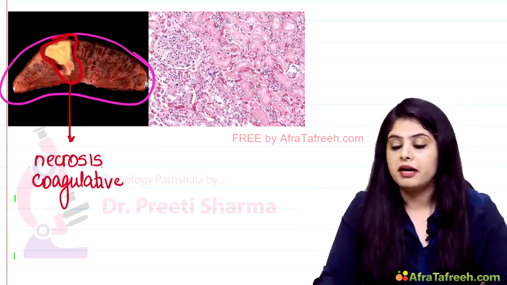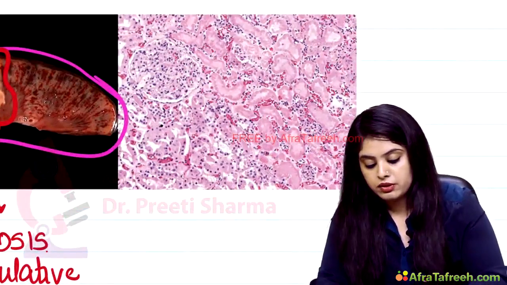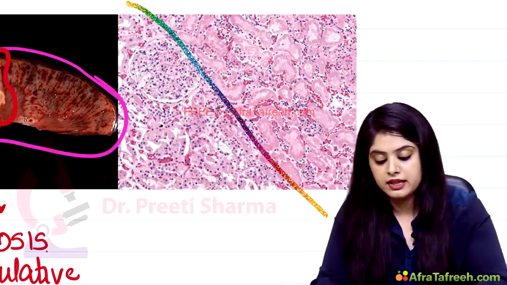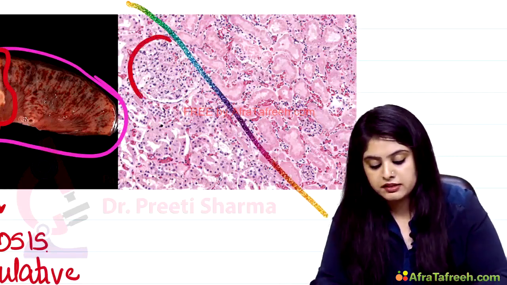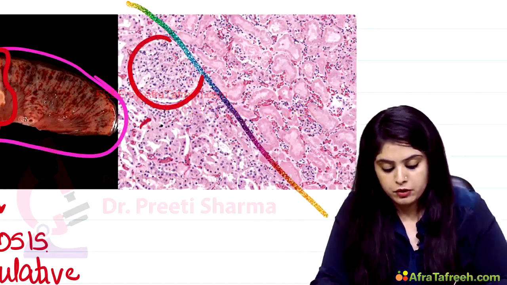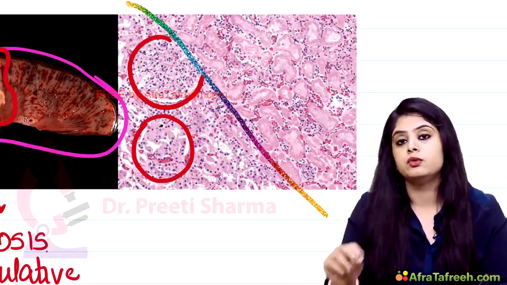Next, let's focus on the microscopic image. I want to divide this image into 2 parts. Why am I doing that? Because over here I can see a proper glomerulus. I can see proper tubules. All of them are going to have these blue dots inside them. Those are the nuclei.